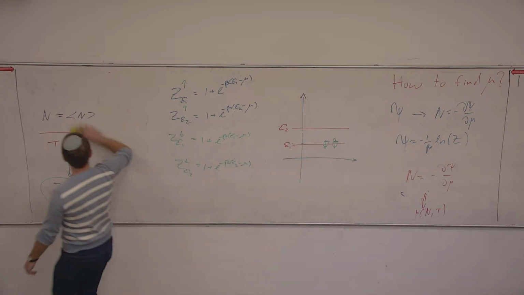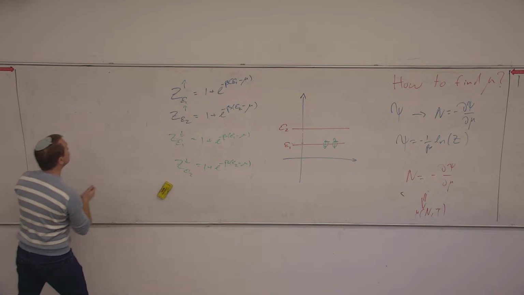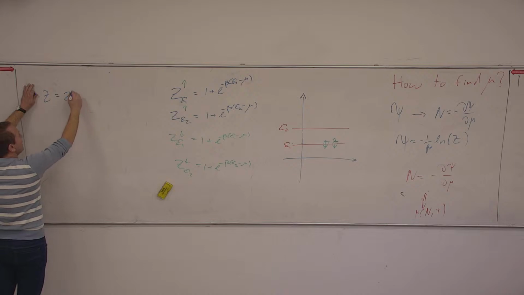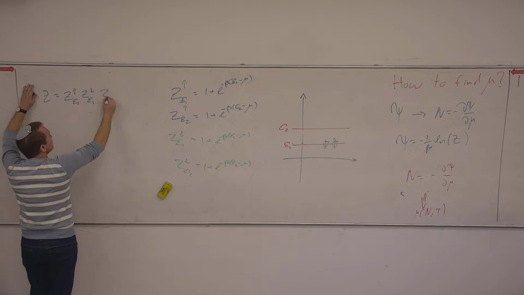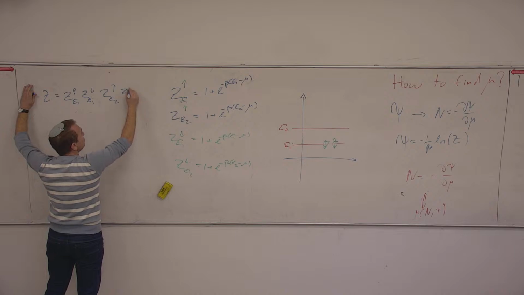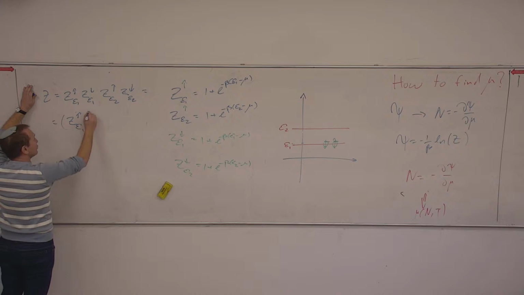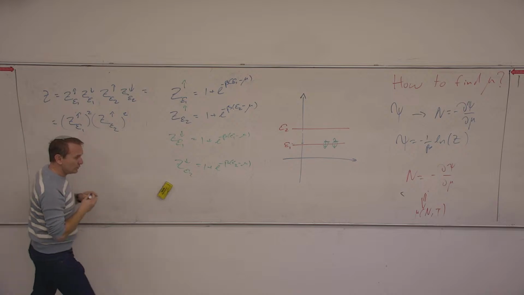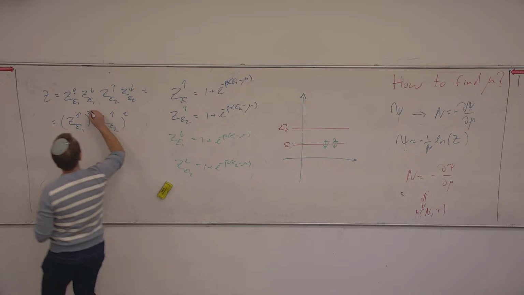So for this system, Z is Z epsilon 1 up, Z epsilon 1 down, Z epsilon 2 up, Z epsilon 2 down, which is Z epsilon 1 up to the power of 2, Z epsilon 2 up to the power of 2. You see the 2 is a degeneracy that is always present over here.